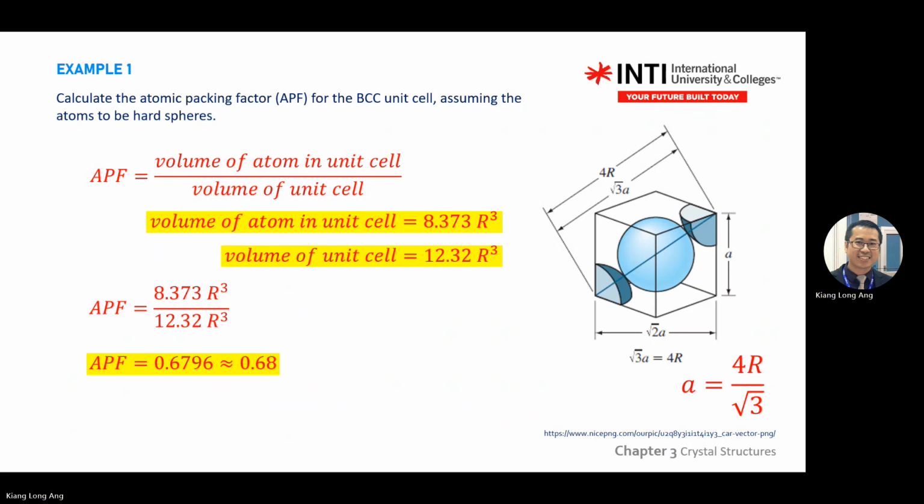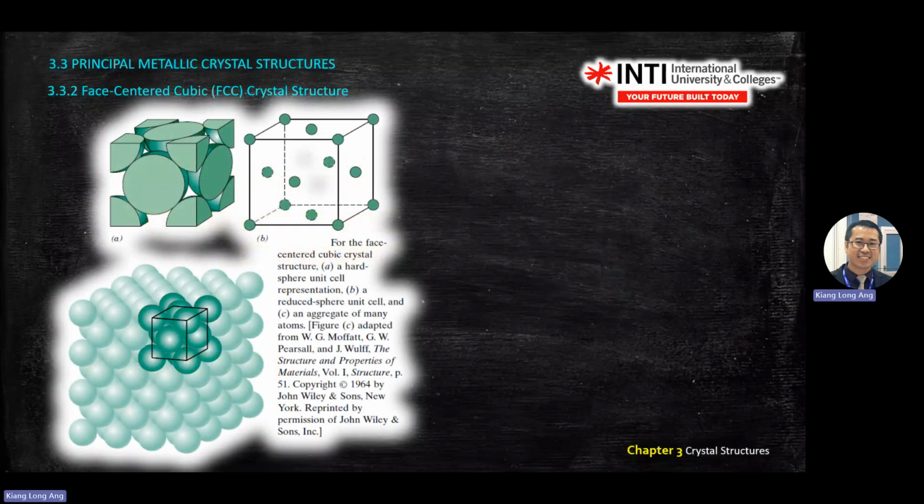First the diagram, normally 3 marks, and then the equation. You need to write APF equal to what divided by what. Then each step will give you marks. So this one 3, this one 1 mark. Once you calculate this one, 3 marks, and so on. It's quite a bonus mark there.